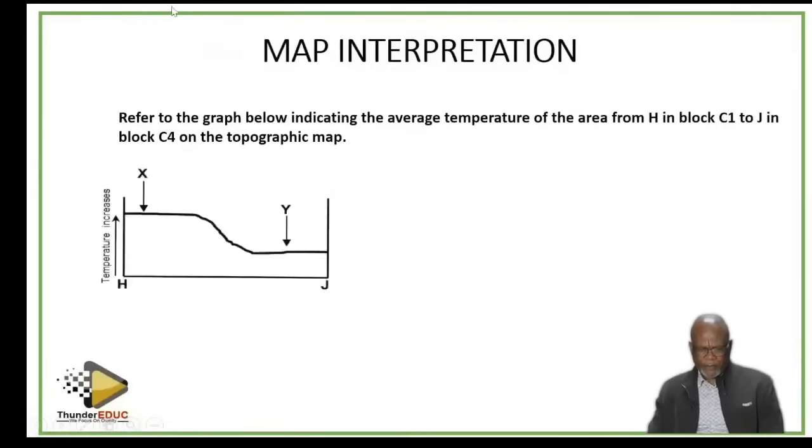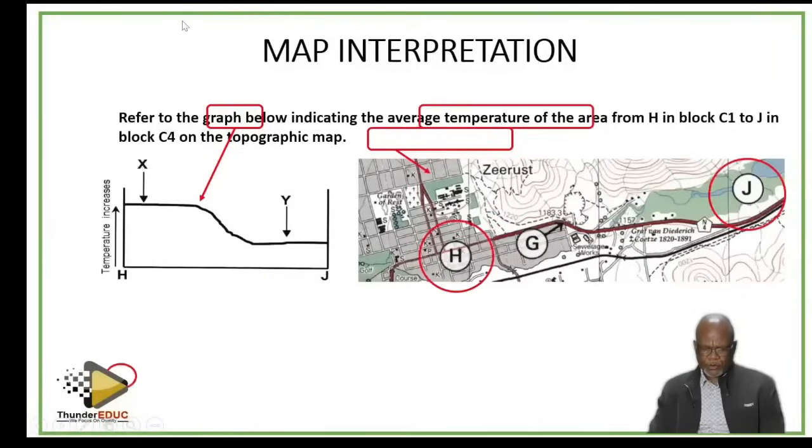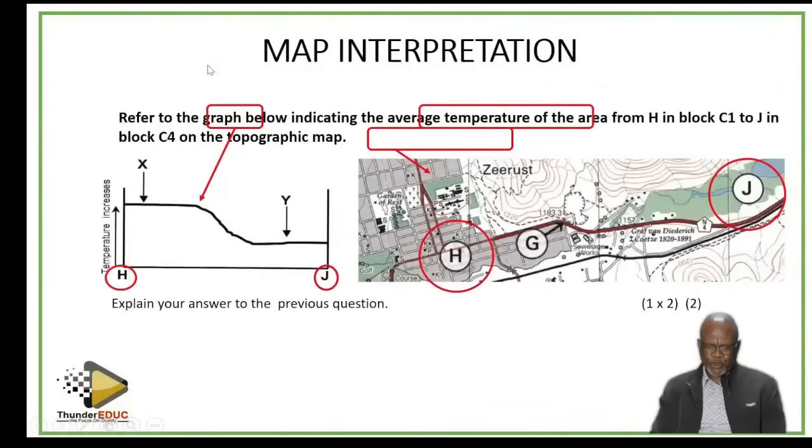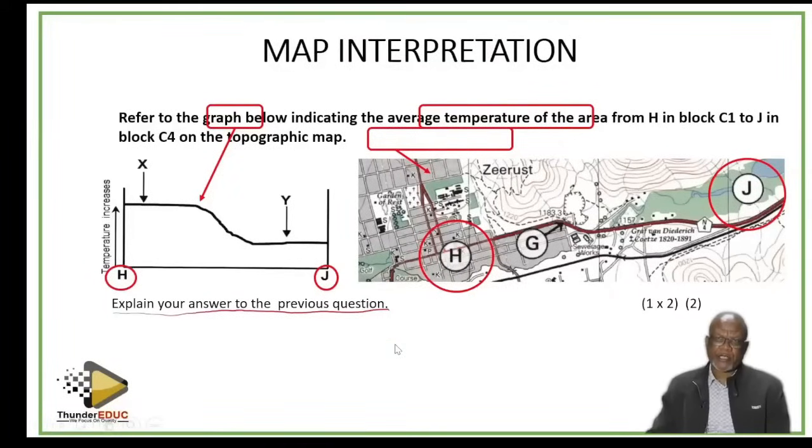Now, we're taking it further. You're no longer identifying now. You explain the answer. Why are these features making temperatures higher in urban areas, and why are these features making temperatures lower in rural areas?